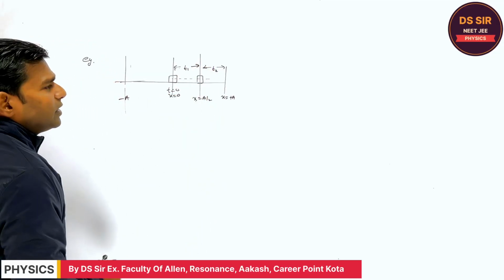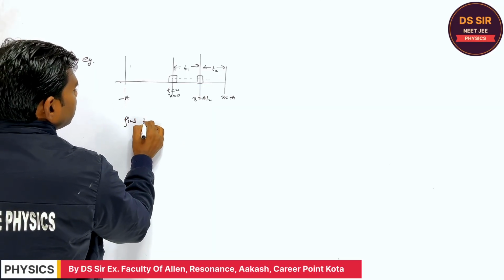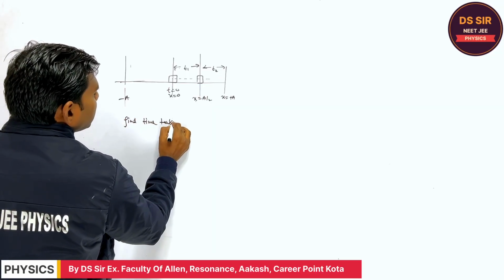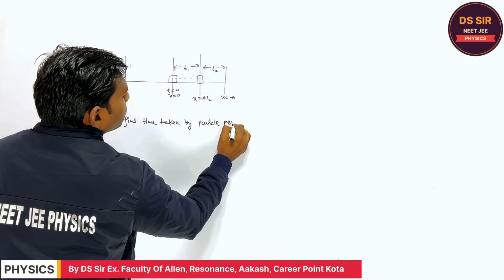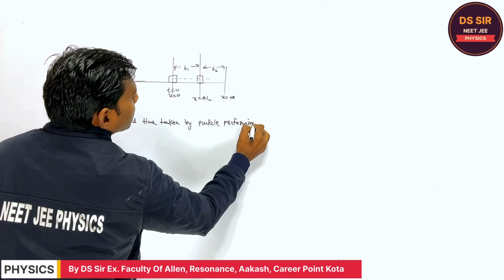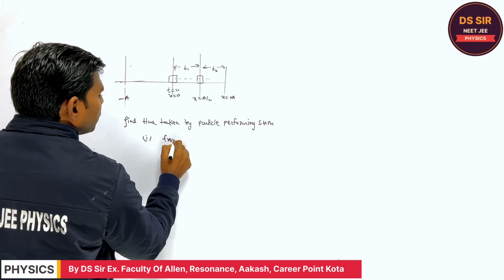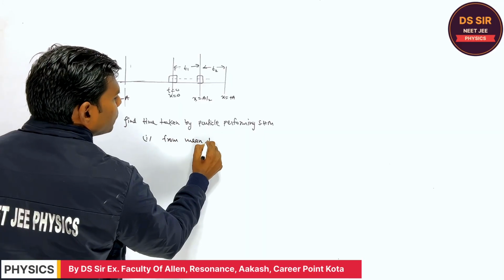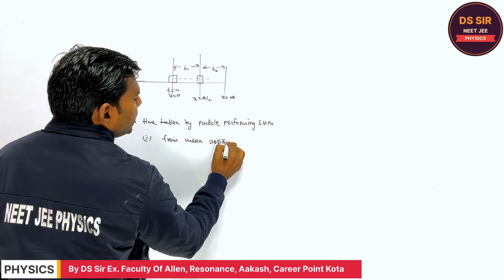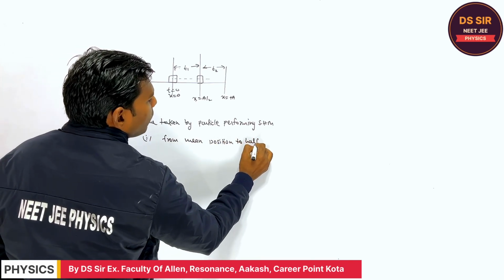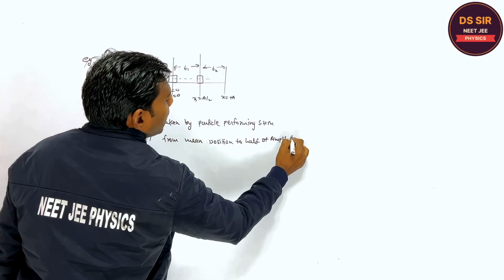So you have to find the time t1 and t2, right? Find the time taken by the particle performing SHM, first from mean position to half of the amplitude.